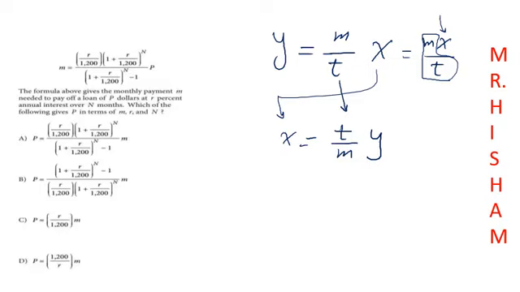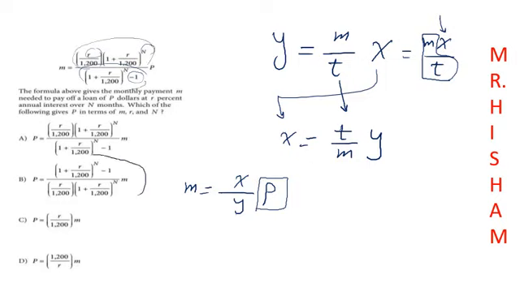Say m is equal to x over y p, and you wanted to make p the subject. All you are going to do is flip the fraction. I don't care about the negative, the n, the r, all of these. I'm going to write this one up and take this one down. So the right answer will be B.